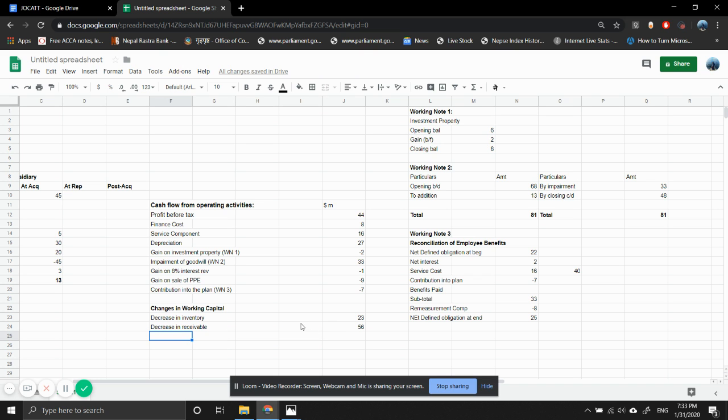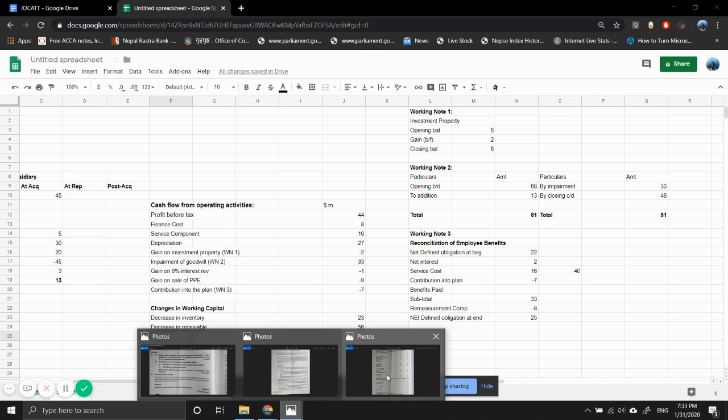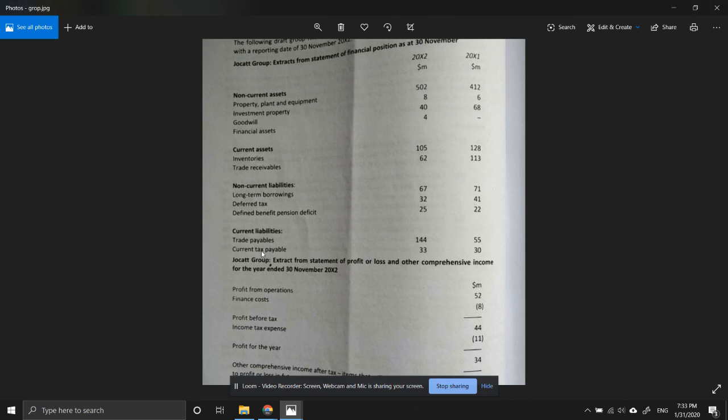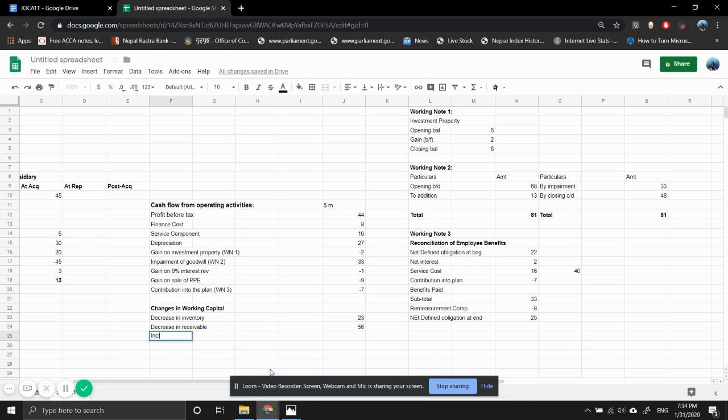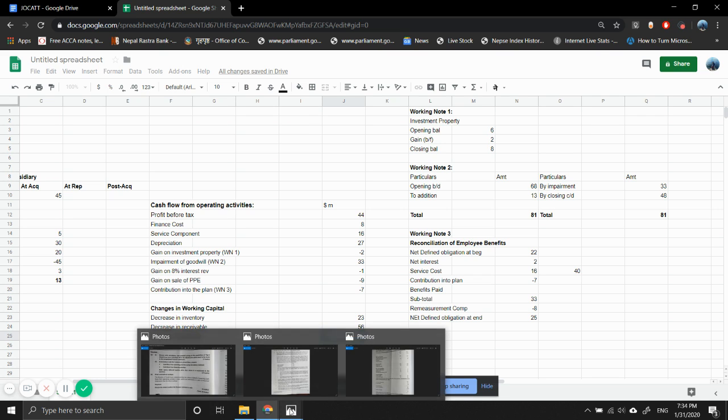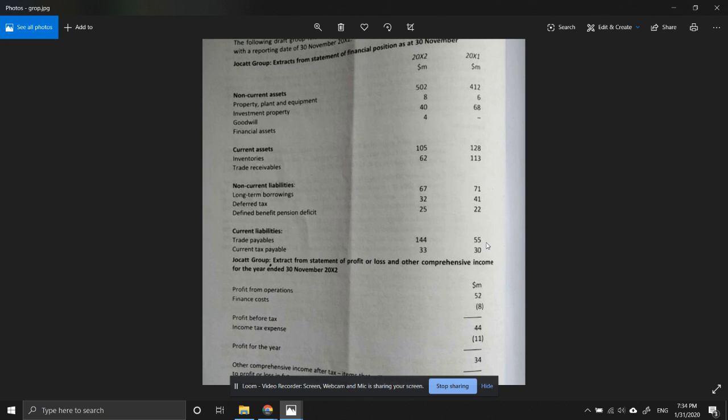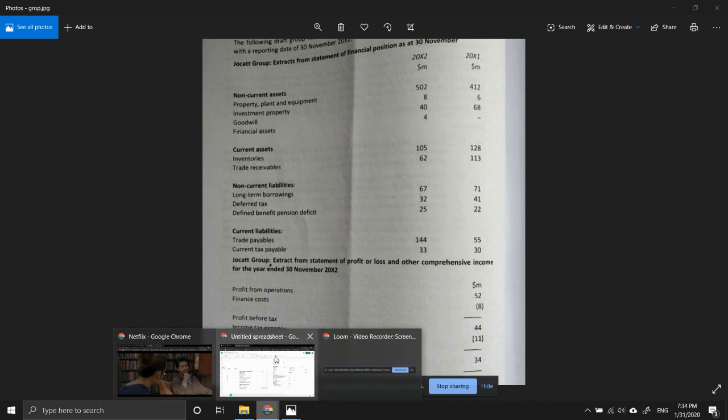So what has happened to our payables? Trade payables, so it has increased, right? So same thing over here as well. This figure does not include the other figure from behind, so 55 plus.